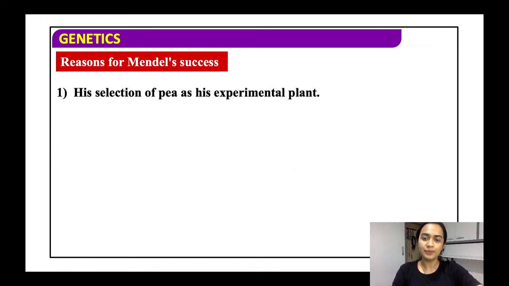So, reasons of Mendel's success. Why was Mendel so successful in his experiments? First of all, he selected the pea plant.